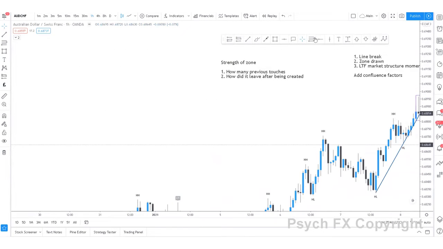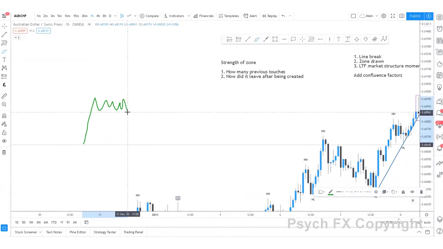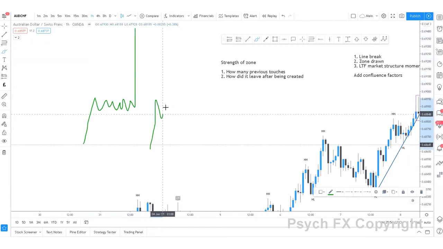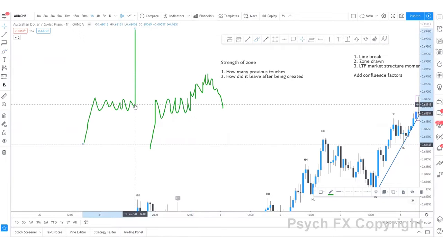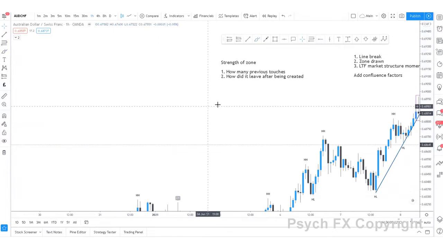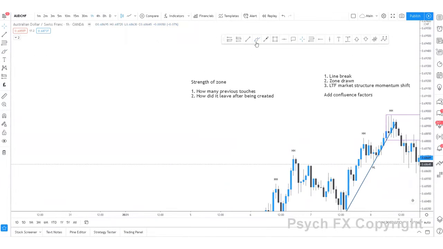If price creates a little doji, this is what a doji would look like on the lower time frame, and it bolts out, versus price creating a doji and then trickling up for a bit and coming straight back, this one's obviously going to be stronger. It's just another tool that you can use, but the main one that I pay attention to is how many previous touches we've had of that level.